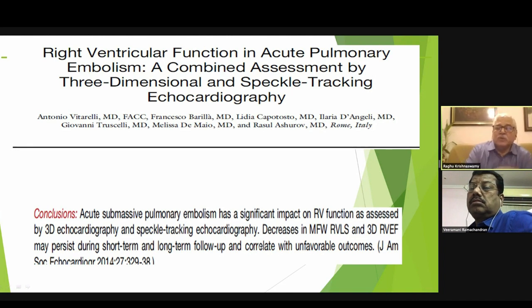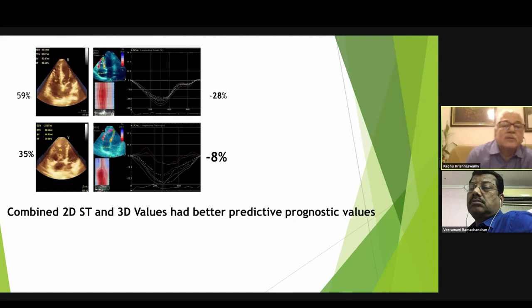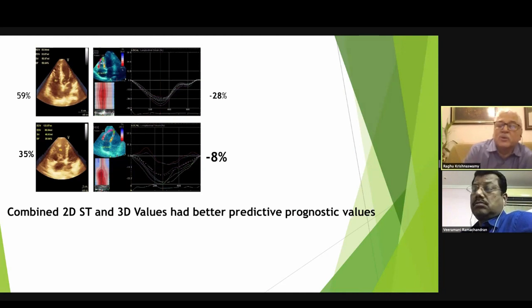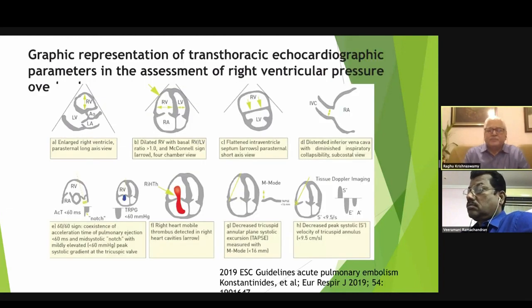So what they have shown was very interesting. They showed that the RV strain is not only decreased during acute pulmonary embolism, but if the patient recovers by the time of discharge, which quite a few patients do once the treatment has been done, it certainly gives a much better prognosis because the event rate is much lower.